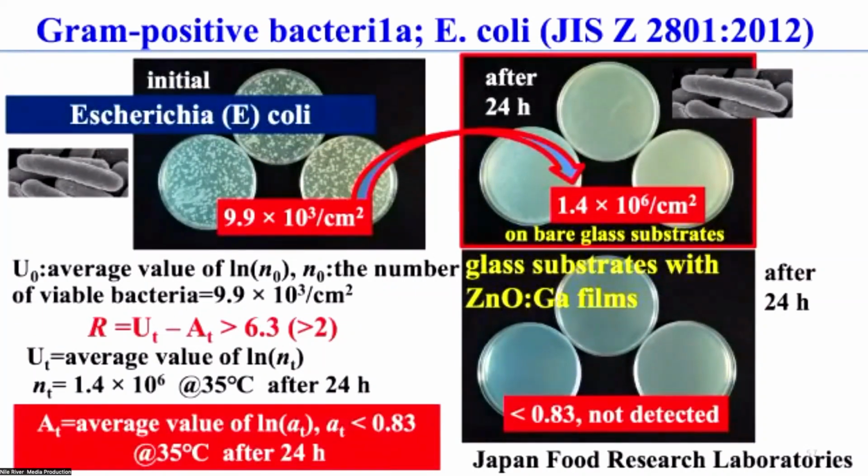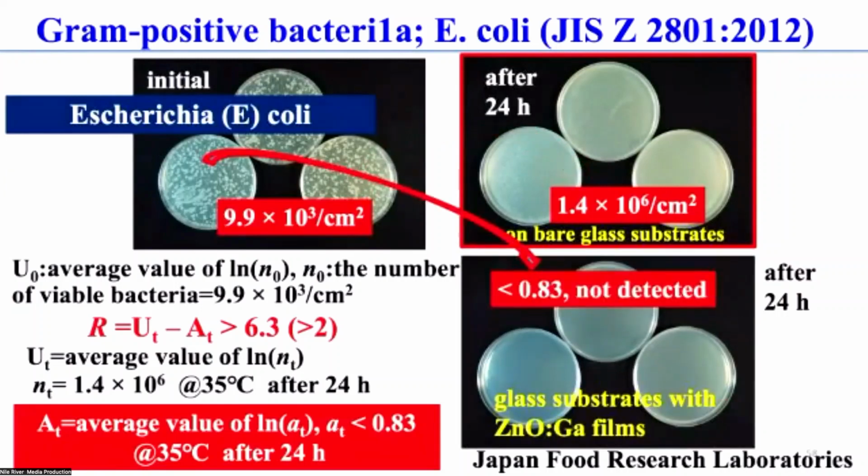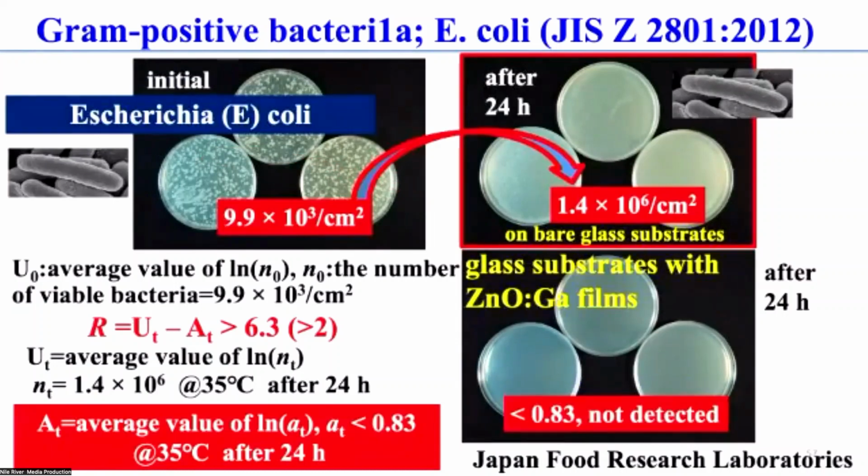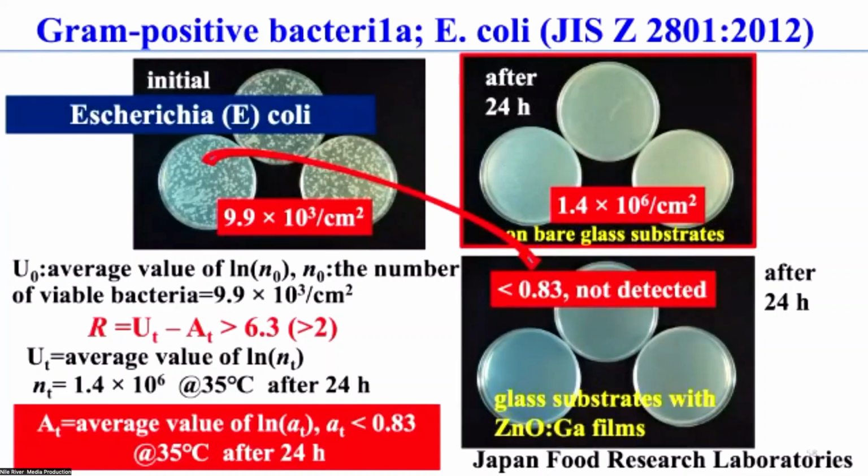And the second is Escherichia coli. Concerning the Escherichia coli, we find a very sharp increase in the number of living Escherichia coli. On the other hand, with the GZO coated glass substrates, we find no detection of living Escherichia coli within 1.5 minutes.